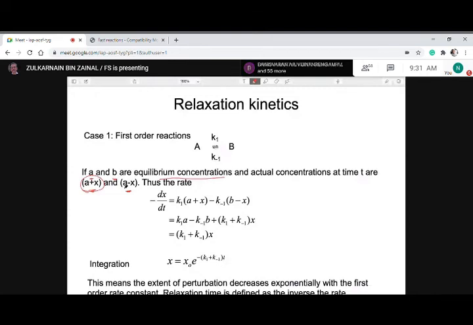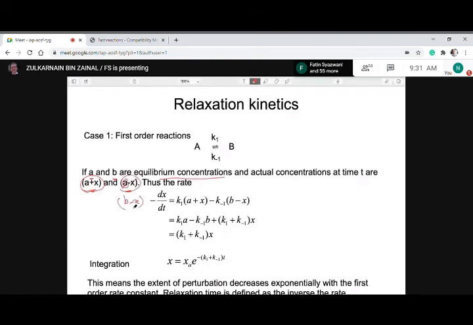after we have disturbed the reaction, the reaction will respond, and there will be a change in the amount of the product and the amount of the reactant, right? So A will increase by x, B will be reduced by x.